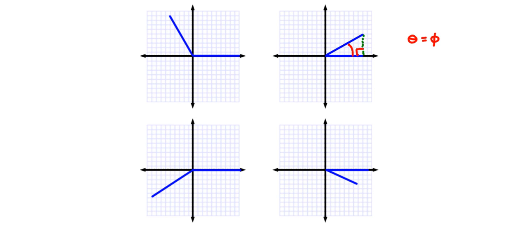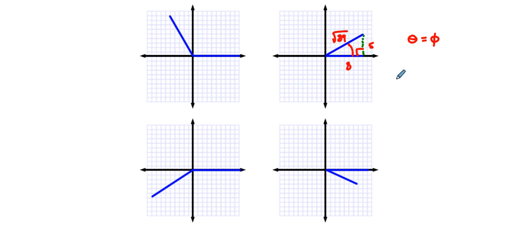And this right triangle will have a base along here of 8, a height of 5, and if we use the Pythagorean theorem, we can show that it has a hypotenuse of √89.